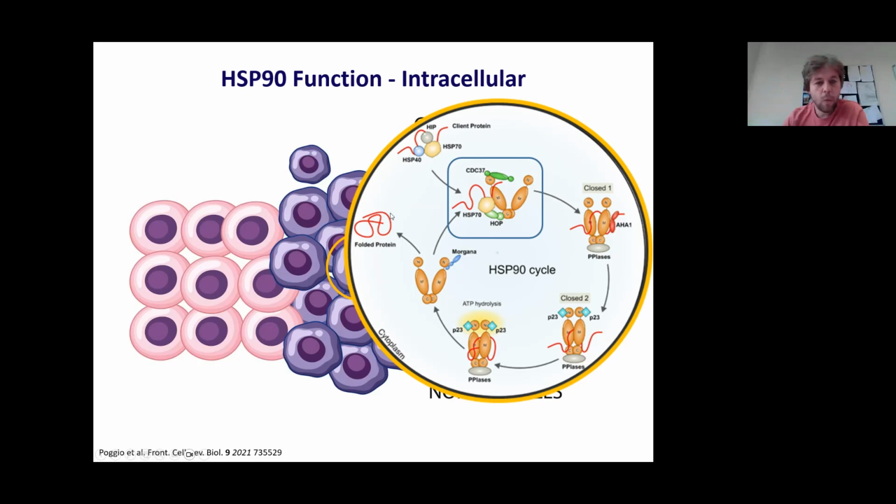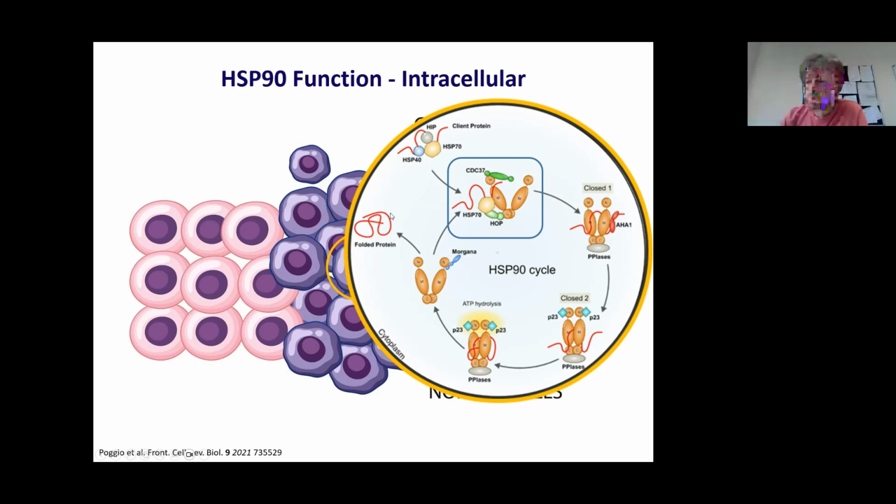Now, one property they have is that they stimulate something called the heat shock response. What this is, is that when you inhibit HSP90, you get this compensatory action of HSP70, which gets overexpressed, and it can take some of the load away from HSP90 to preserve cellular proteostasis. So that's one hypothesis as to why HSP90 inhibition has been less successful in the later stages.